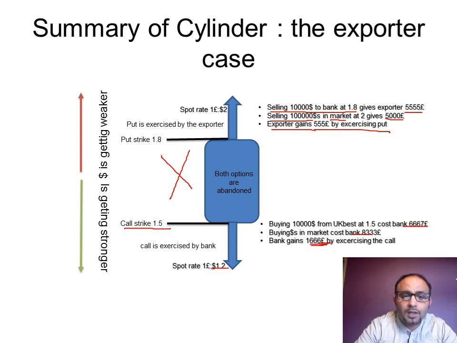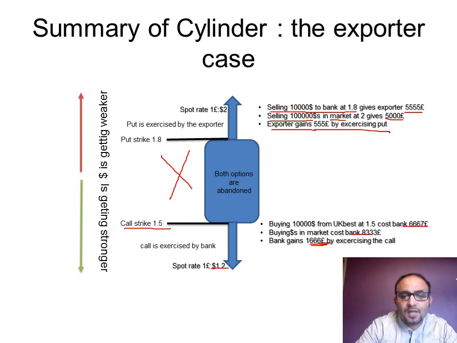Now, if we are above the put strike, which is 1.8, for example, we had $2 to the pound, then this means, for example, that selling 10,000 to the bank at 1.8 gives the exporter 5,555, while selling 10,000 in the market gives the exporter only 5,000 pounds.